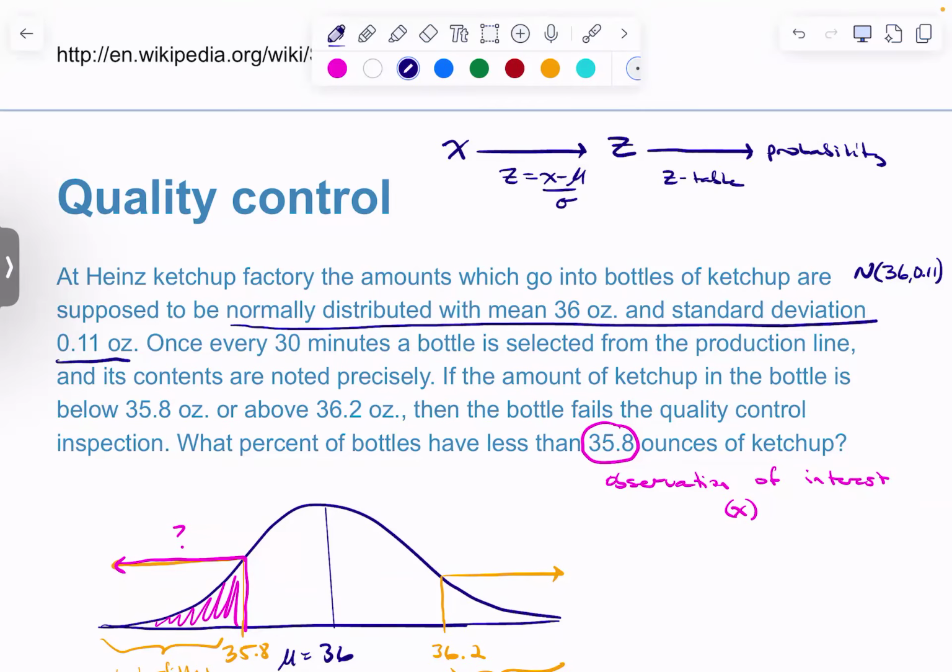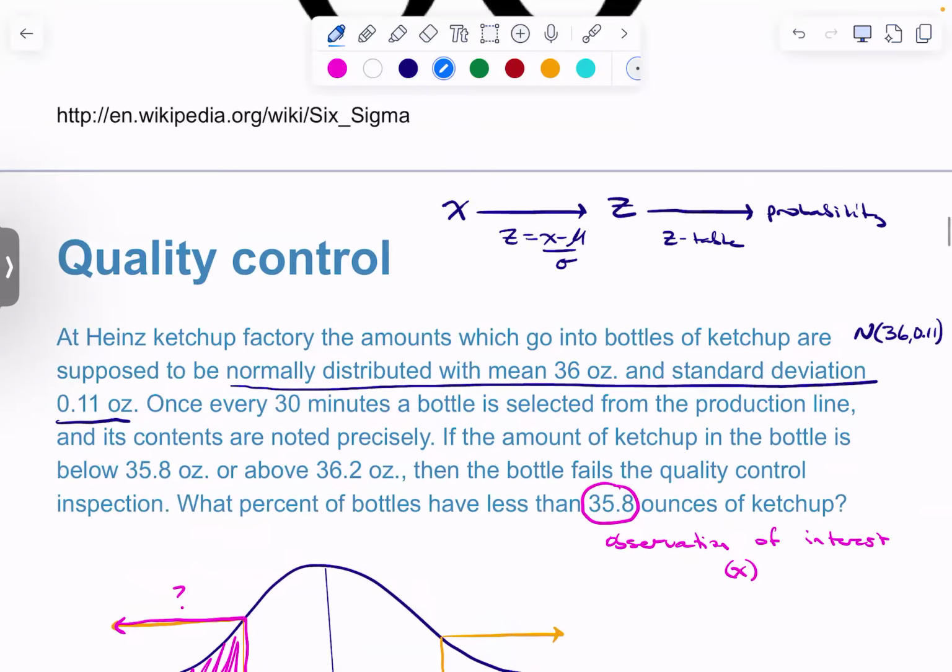Next week, no surprise, I'm giving it all away, we can always start with a probability, use the Z table backwards, basically, from how we learned it, to get a Z, and then use that as our Z in our formula to solve for the X that makes that happen. What do the lowest 10% of ketchup bottles weigh?